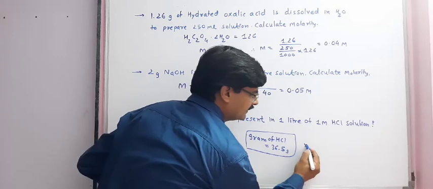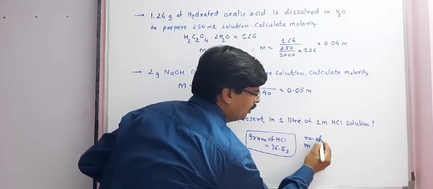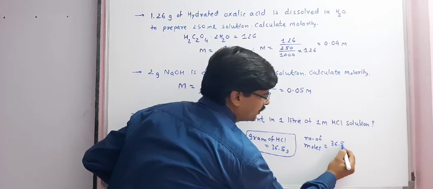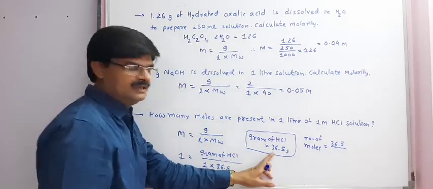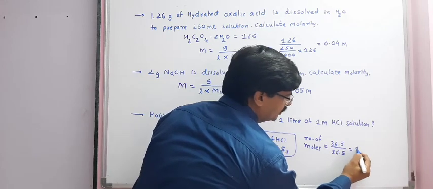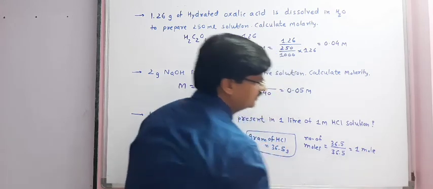So from this we can say number of moles is equal to 36.5 gram obtained divided by molar mass 36.5, is equal to 1 mole.